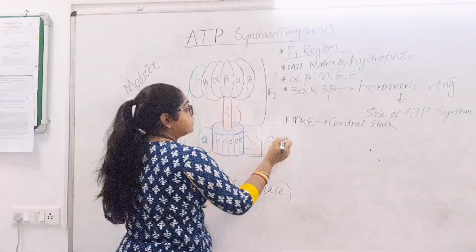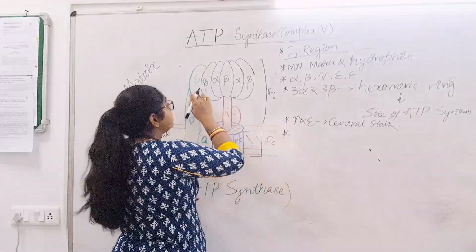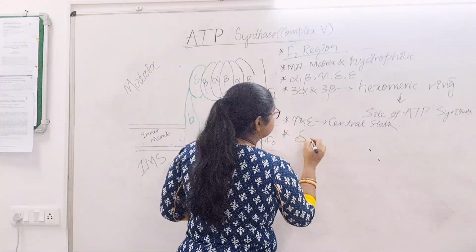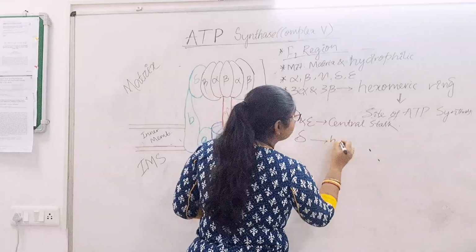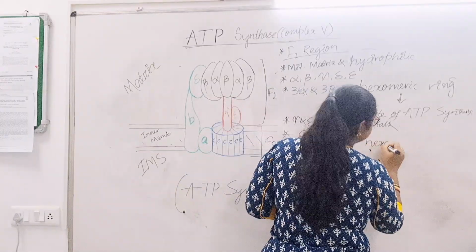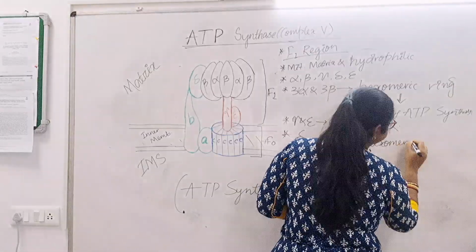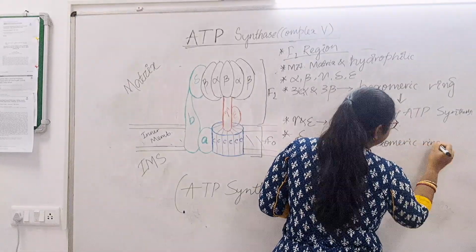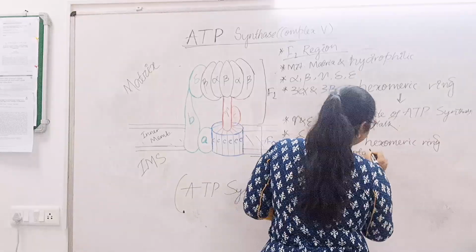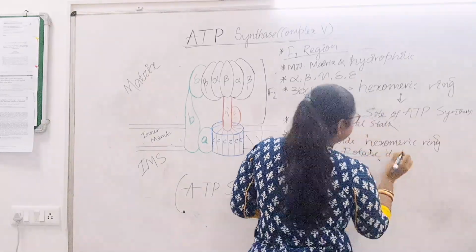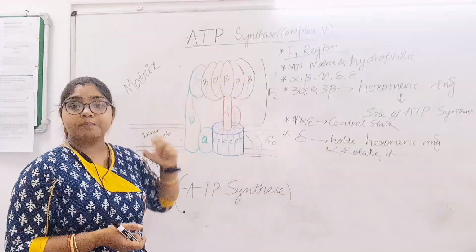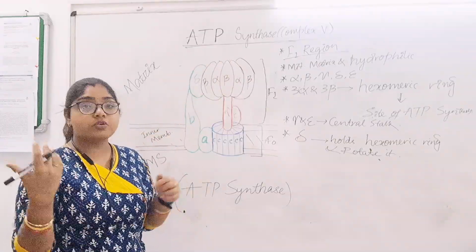Another subunit is the delta subunit. It holds the hexameric ring. As I said before, F1 is a stationary region and can't rotate itself.